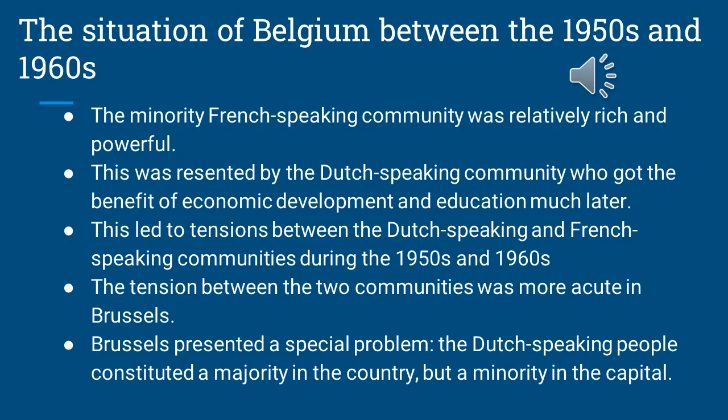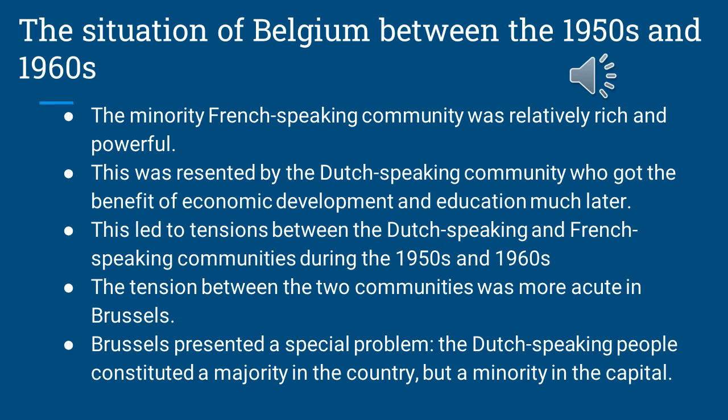Let's talk about the situation of Belgium between the 1950s and 1960s. The minority French speaking community was relatively rich and powerful. You all know it very well. Last year also you have studied about French speakers and the French Revolution.